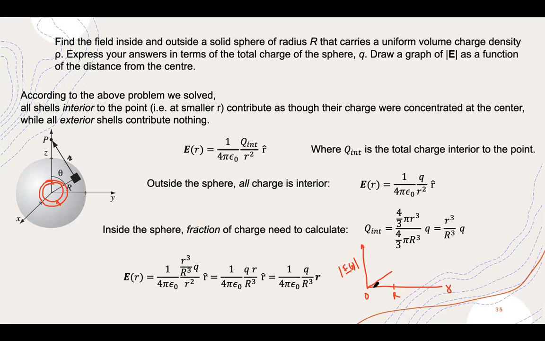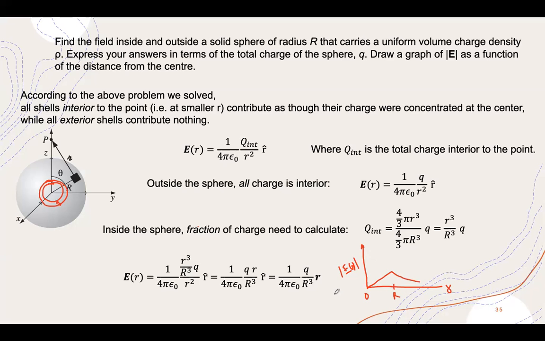Yeah, no. So similarly, beyond R, the field is inversely proportional to R square. So now it is going to be an R square dependence, something like a parabolic curve like this.